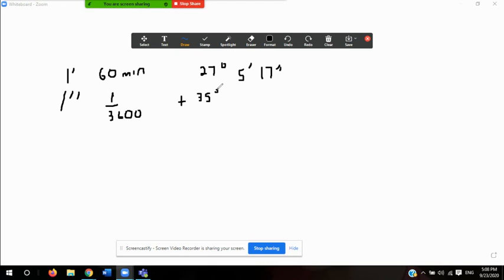Basically, the first step is to pair them up, degrees with degrees, minutes with minutes, and seconds with seconds, and then just add them.